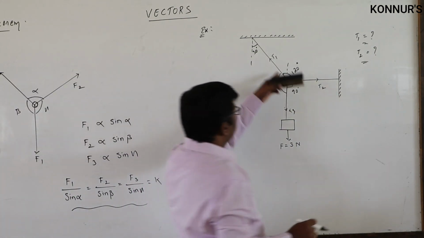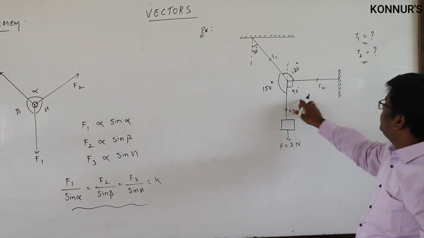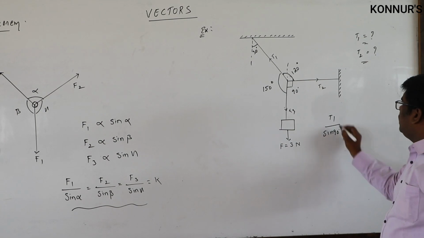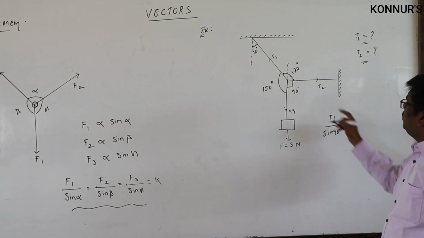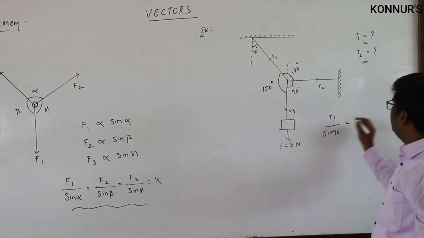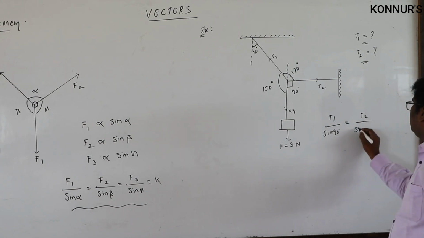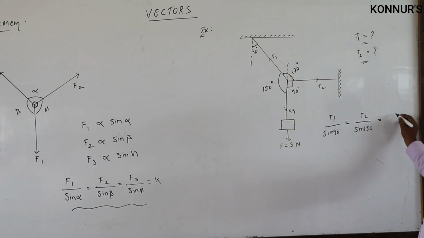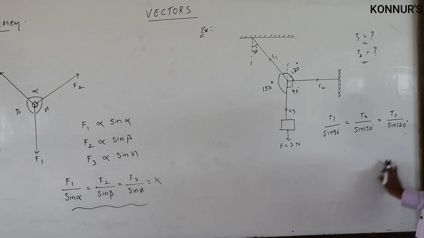What is tension T1? T1 is directly proportional to sine 90. So T1 by sine 90 is equal to T2 by sine 150 is equal to T3 by sine 120.